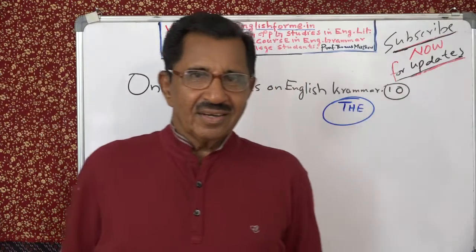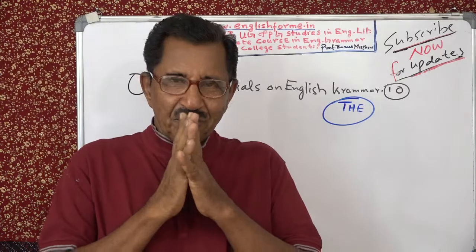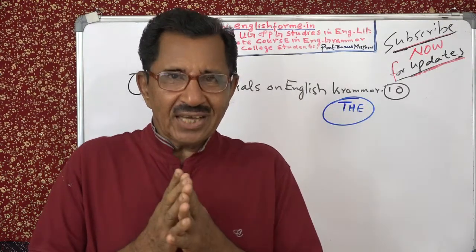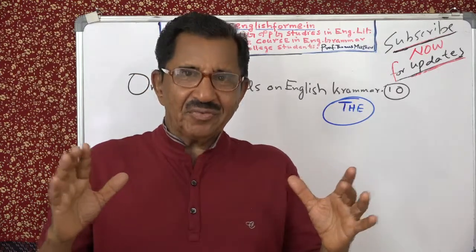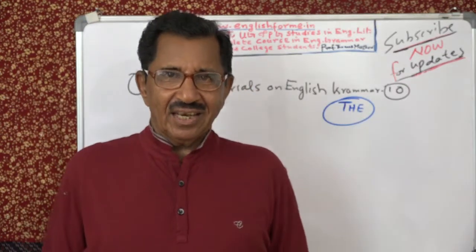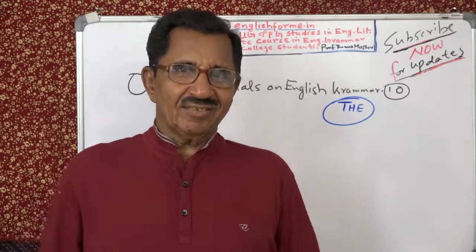Do you remember? One is when you use a plural noun, and the plural noun has the meaning of all the inhabitants of a country. Like the French live in France.